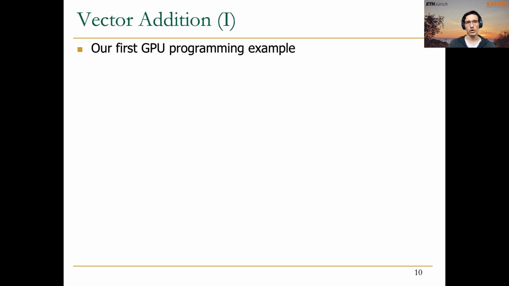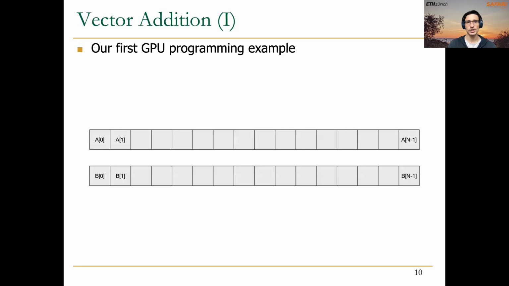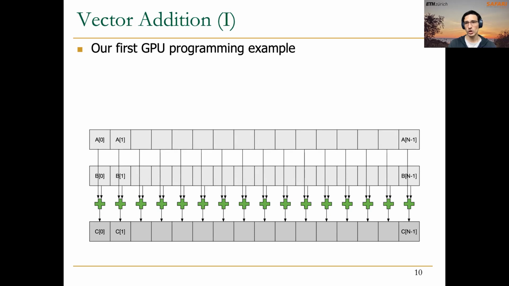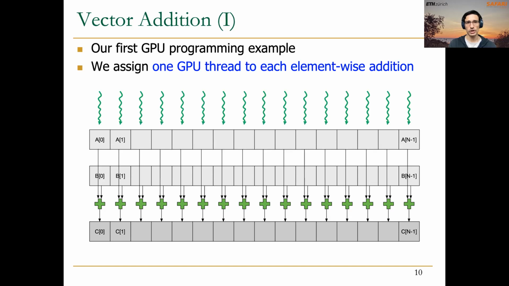Remember that in our previous lecture, we started covering our first GPU programming example: vector addition, a very simple thing, where we have two input arrays, A and B, and what we perform is the element-wise addition of these two arrays to store the results in an output array C. In the most straightforward implementation, we assign one GPU thread to each element-wise addition, as you see on the slide.